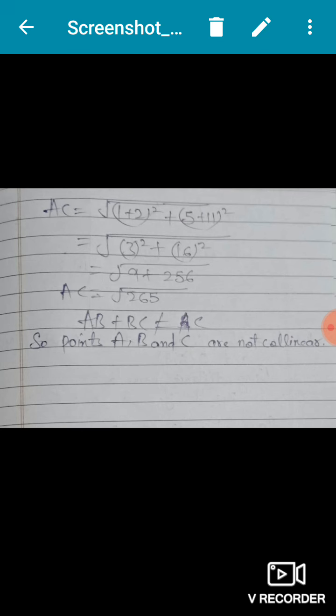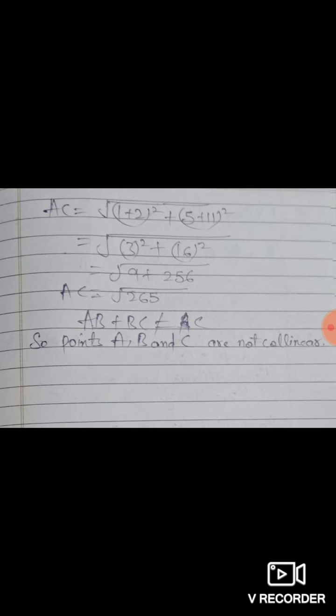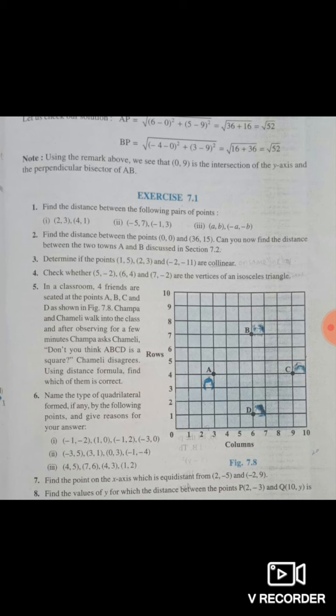To add and subtract square root numbers, the base should be the same. So it means they will not add with each other, so their sum will not be equal to the third. So in this way we can conclude that these points are not collinear. Clear?